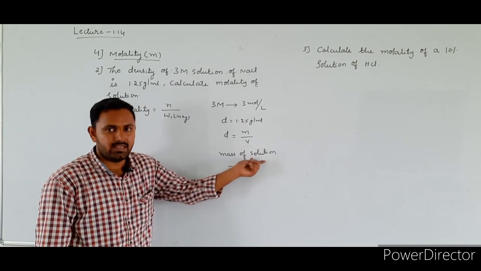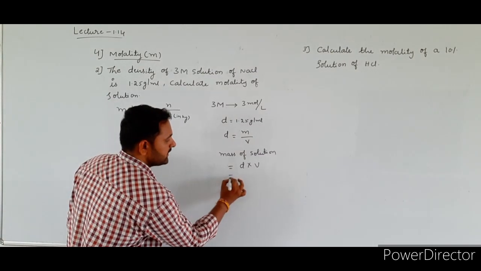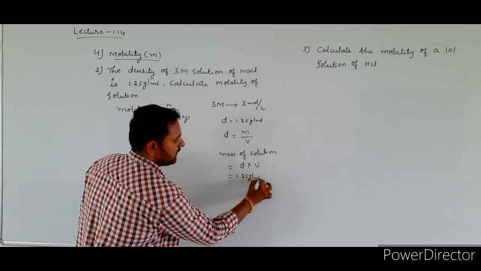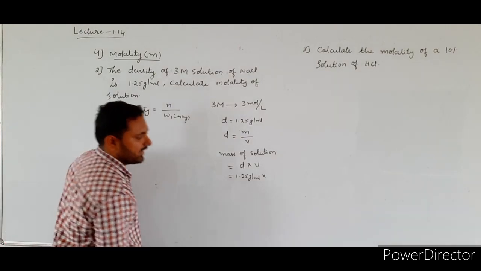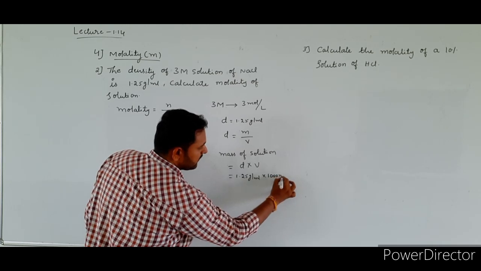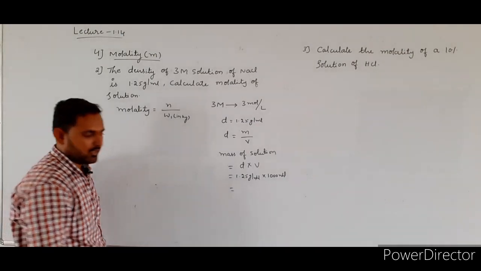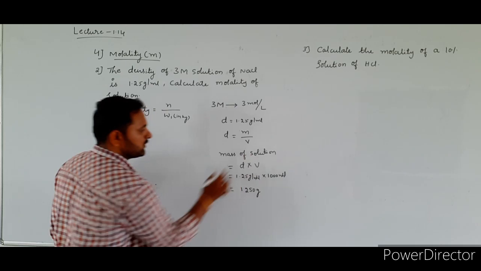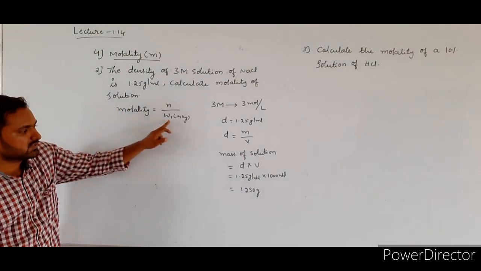Now density is 1.25 gram per ml into volume of solution 1 liter, but you have to write it in ml. 1 liter is equal to how many ml? 1000 ml. Now ml get cancelled. Multiply these two and you will get 1250 grams. This is mass of solution, but according to molality you need mass of solvent.